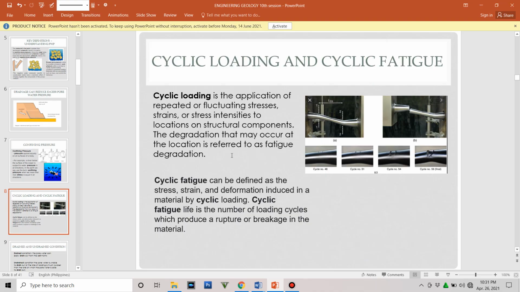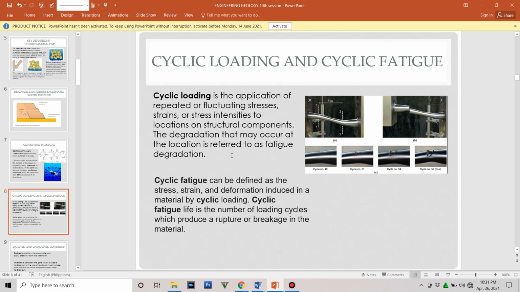So this can cause cyclic fatigue. So the best example for this one is if you're going to bend tie wire or yung alambre, if you're going to continuously bend that, applying a reverse force, pataas pababa, it will break.